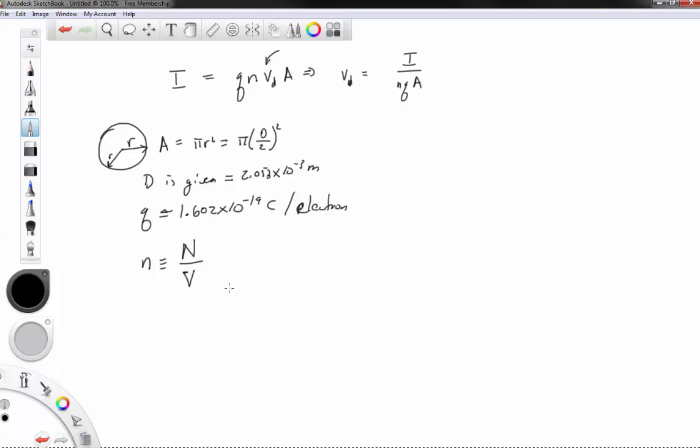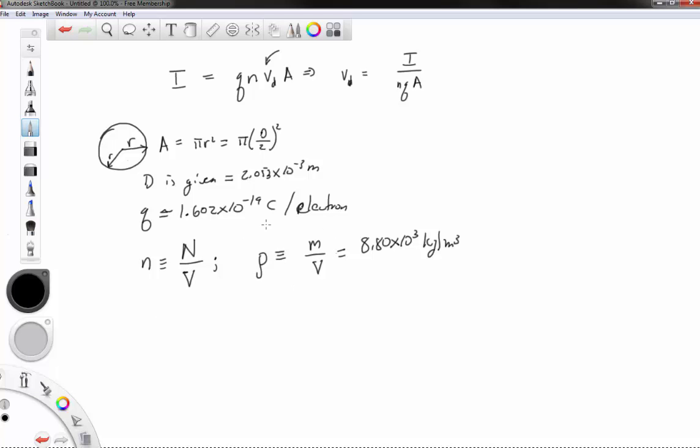So how are we going to do that? Well, we've been given rho, the density, so that is mass per unit volume. And that is given in this case as 8.80 times 10 to the 3 kilograms per cubic meter.